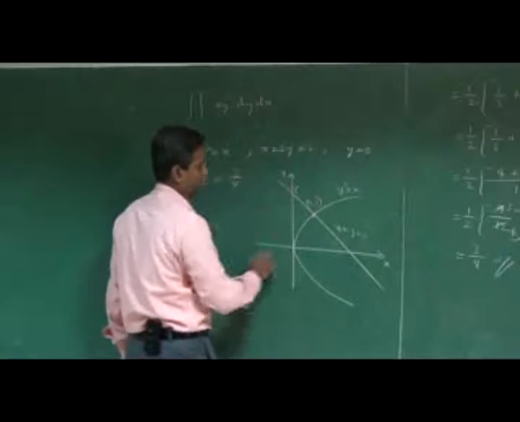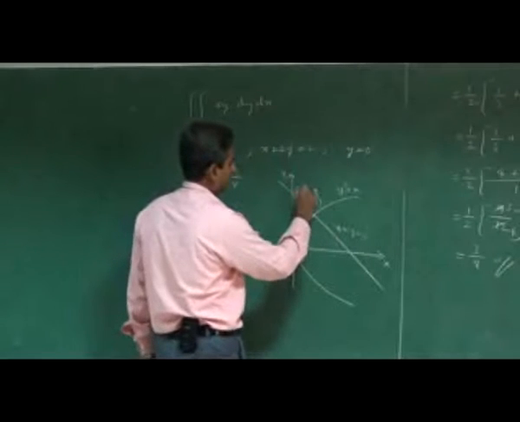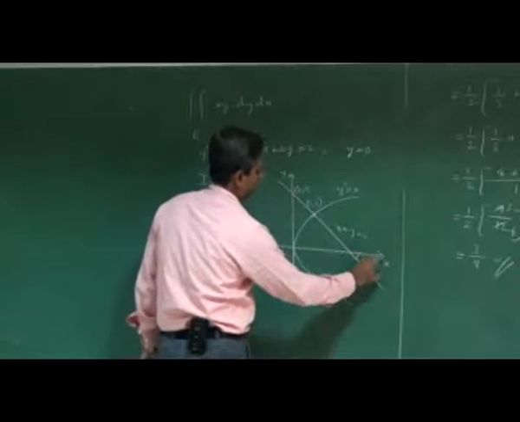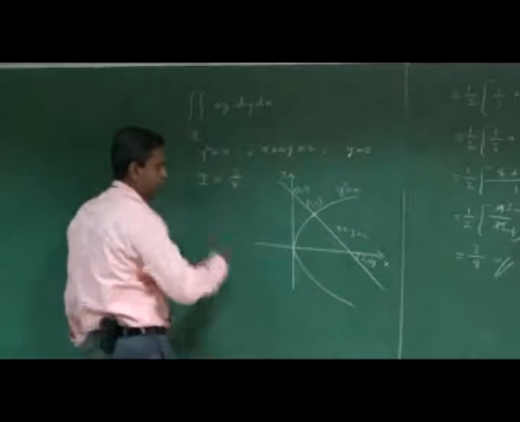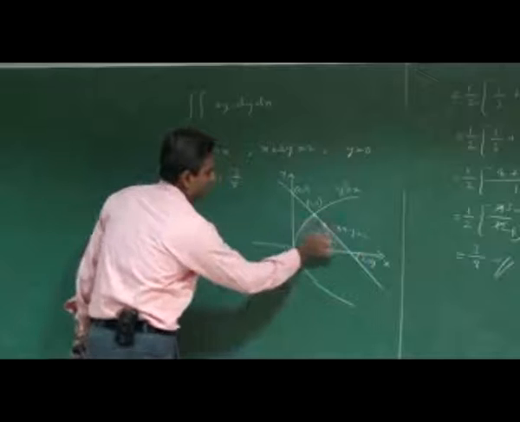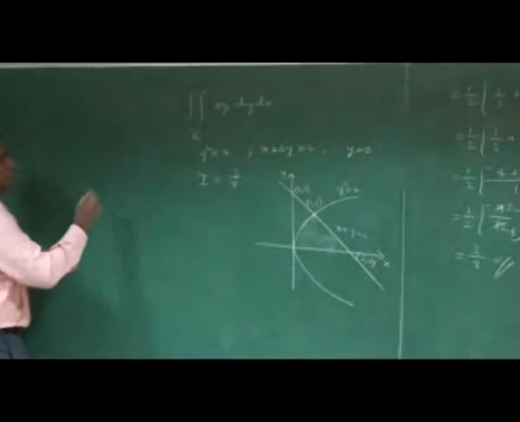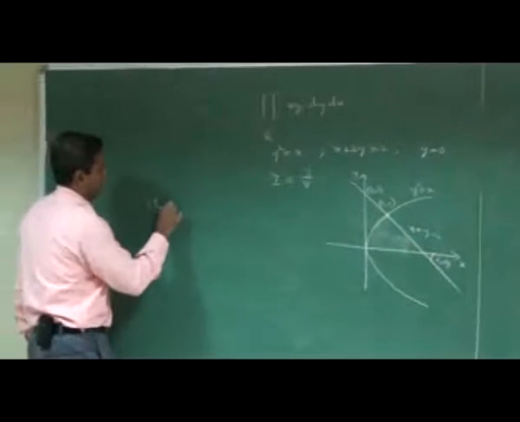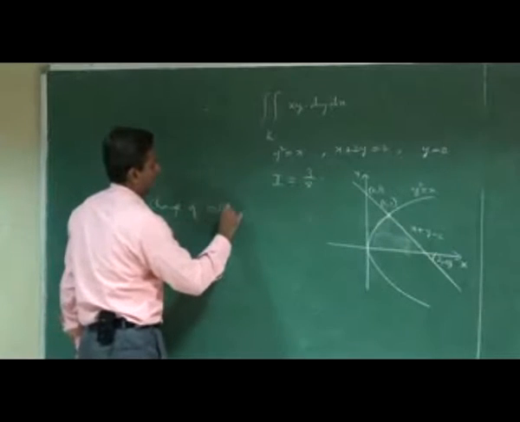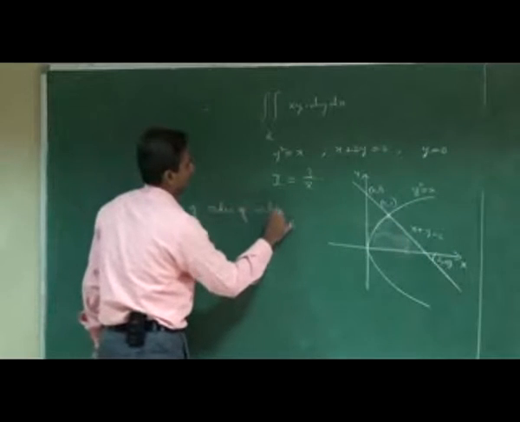Here this point is 0 comma 1 and then here 2 comma 0 is there. And then the same region we take and we change the order of integration.